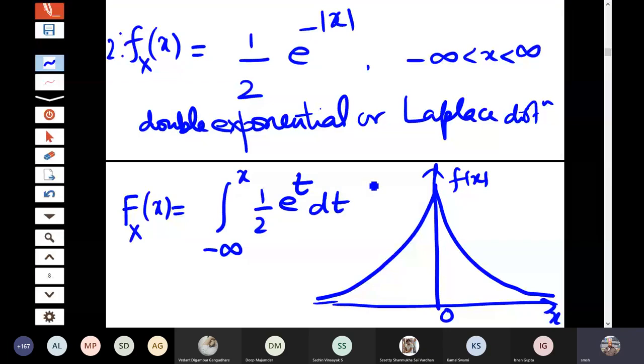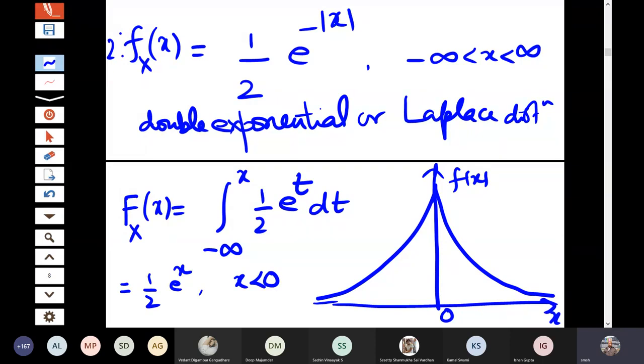So it is like this, and you can evaluate it. So this is equal to half e to the power x if x is less than 0.